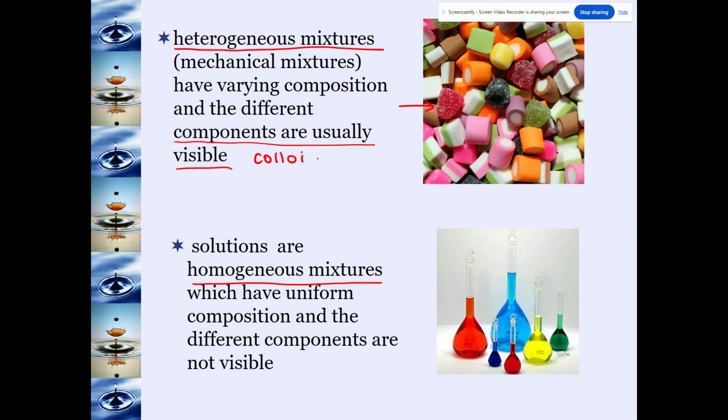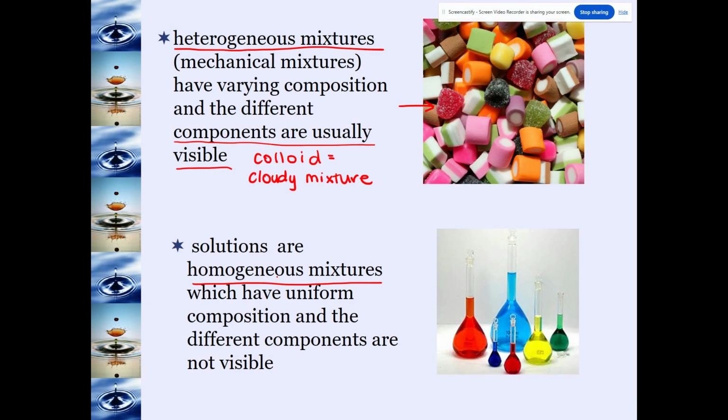Now, a colloid isn't necessarily something that looks visible, but it is a cloudy mixture. And the reason you have it being cloudy is because there's solid particles that are being suspended throughout. If it's a liquid mixture, you have solid particles being suspended in the liquid. And so you can see those solid particles, which is making it look cloudy.